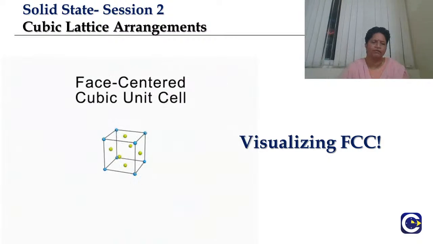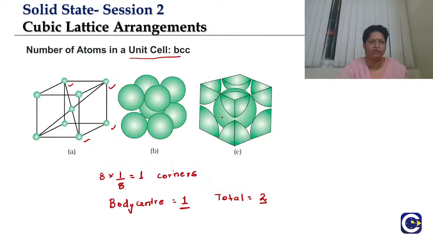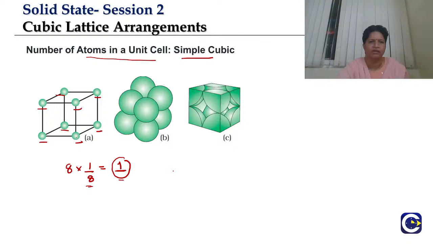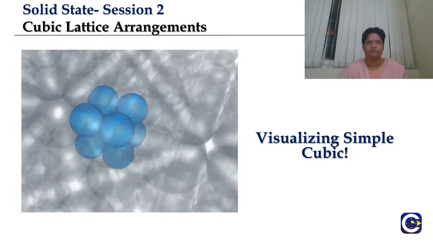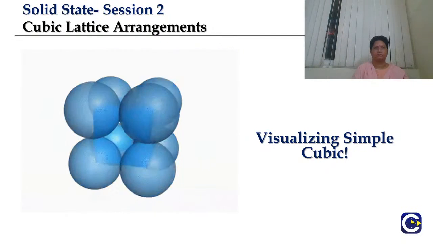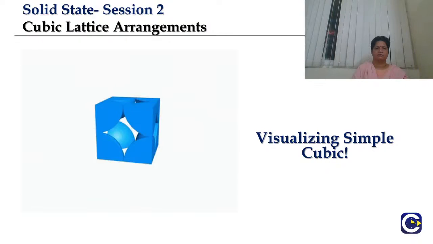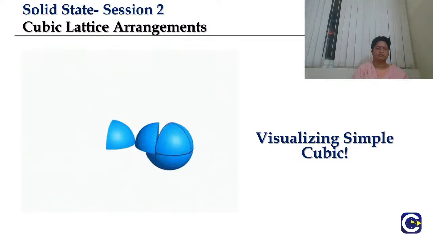Right, the number of FCC we are getting it as 4. So just have a look once again at BCC also and the simple cube.